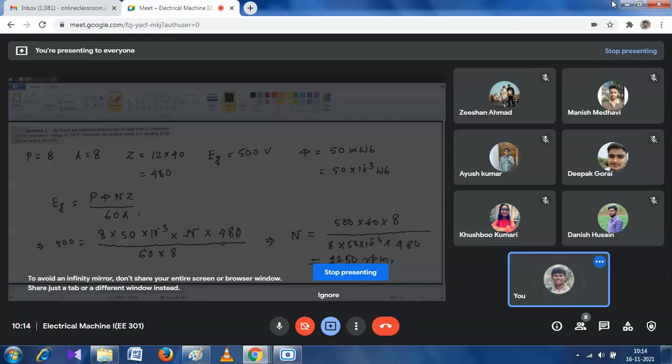Manish, what should be the value if the machine is wave wound type? Sir, 4.